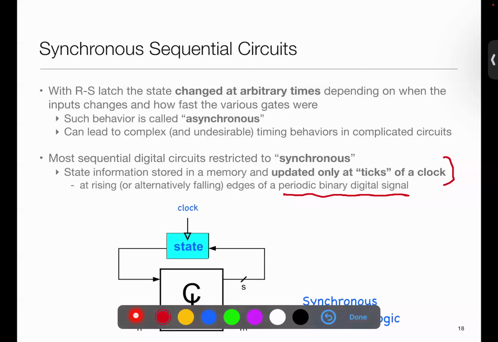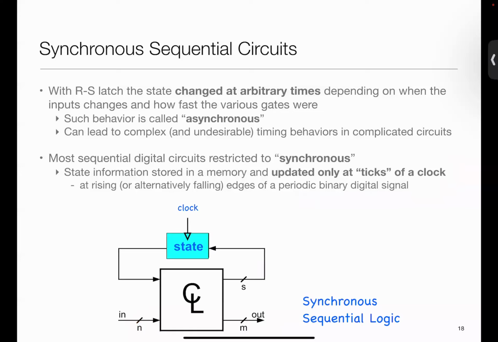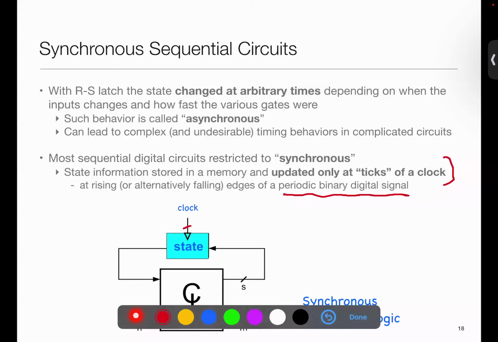What a sequential circuit looks like for us is as shown here: the state has a clock. The clock signals are shown by this triangle, and you will see two kinds of clock signals, those which look like this and those with a bubble.